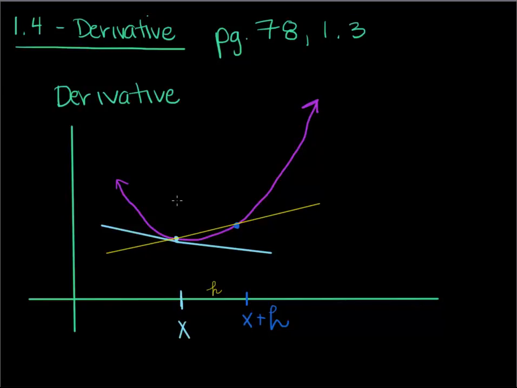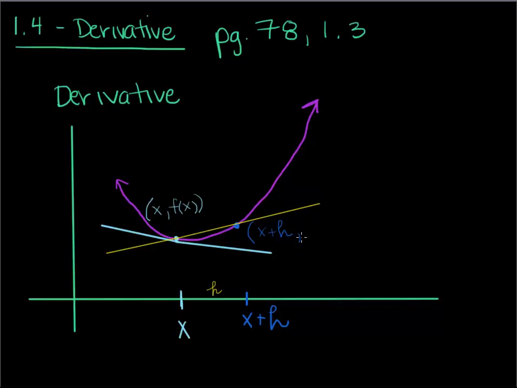Let's talk for a moment about what the coordinates are for these points. If I look at the coordinate of this first point right here, the x coordinate would be x. The y coordinate would just be my function evaluated at x. That's how we get our y value. So I have x and the function evaluated at x. For this coordinate over here, what is my x value? My x value is x plus h.